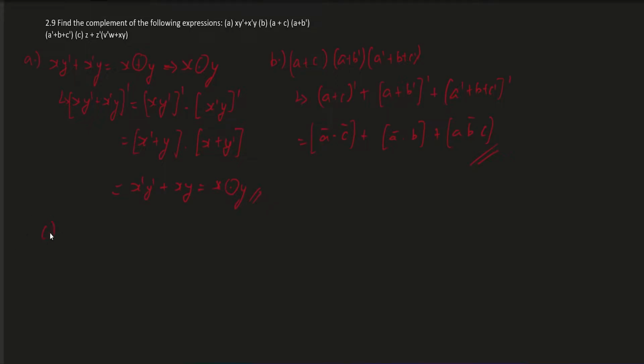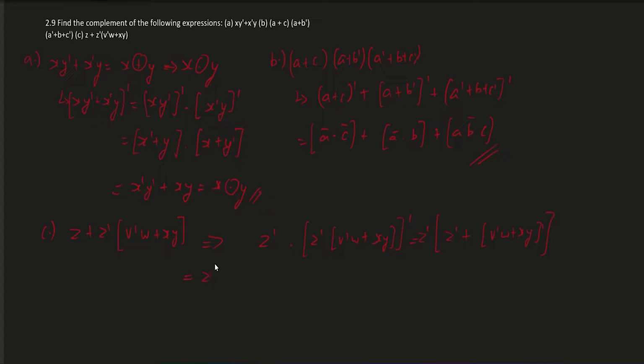And the last question is z plus z bar into b bar w plus xy. So taking complement we will have z bar multiplied by z bar into b bar w plus xy whole bar. Taking De Morgan's theorem again, we'll have z bar plus b bar w plus xy whole bar.